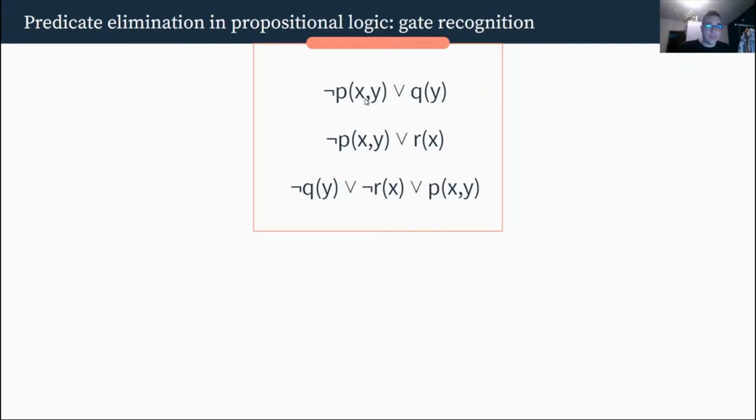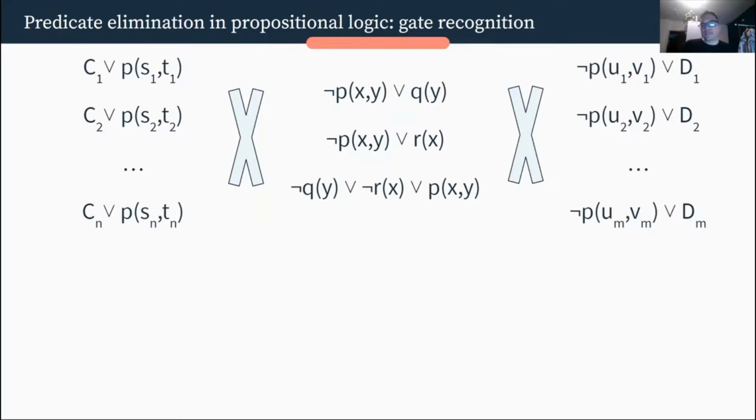So if P is defined here, then all the other literals need to have variables which are a subset of the ones that are applied to P. And there are some other conditions which I won't go into, but this is in general the look of the gate or the definition in first order logic, and the same as before holds.